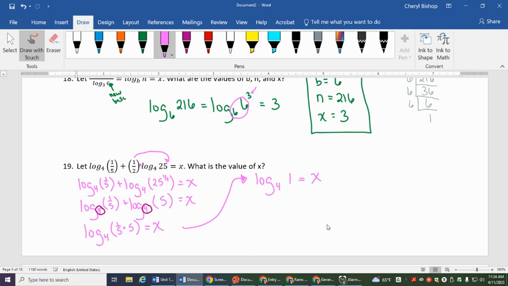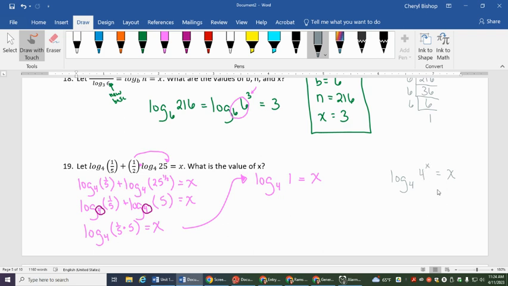equals x. Now, in order for this to simplify as the same number, I need to figure out how I can write it as log base 4 of 4 to the x power, because that's how I'm going to end up with what x equals. So 4 to the x needs to equal 1.